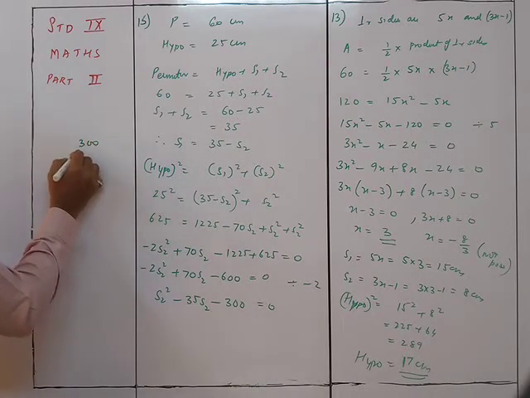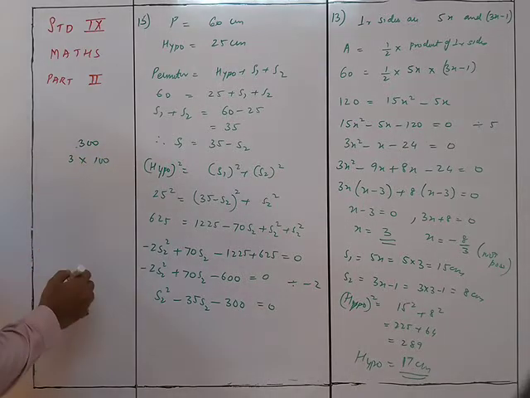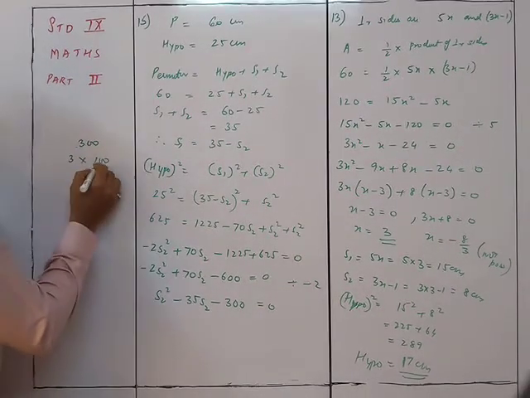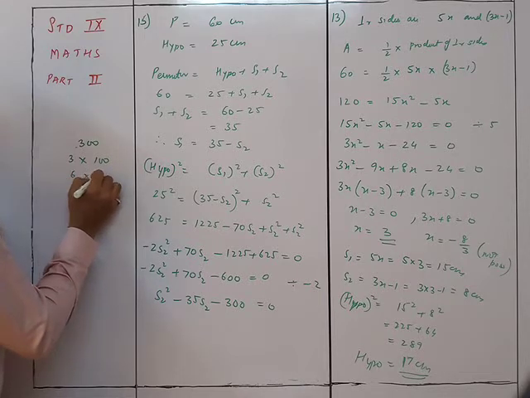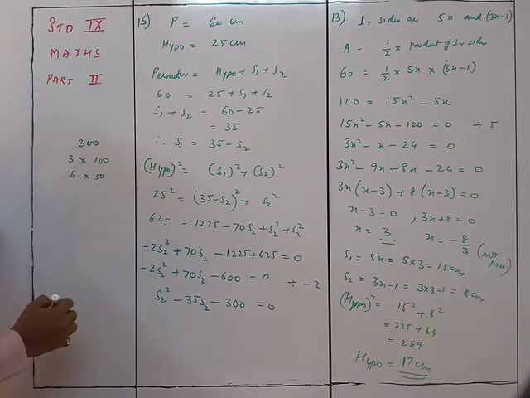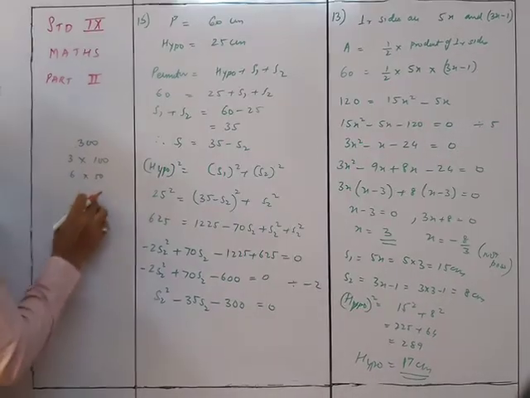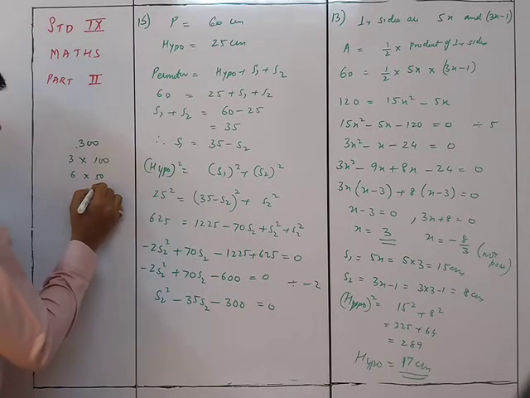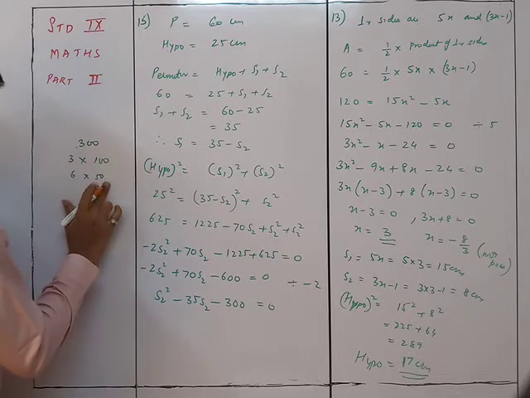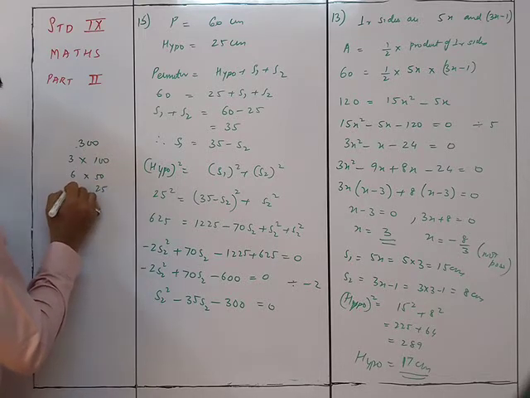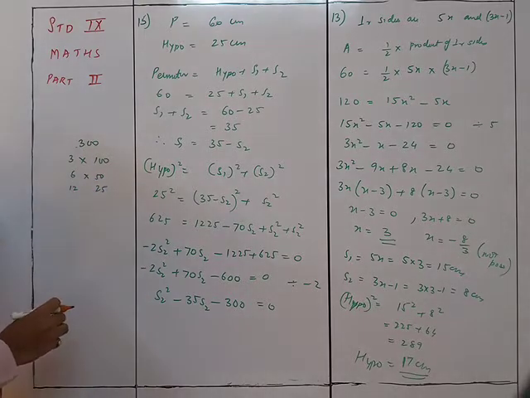So it is 3 into 100, or further, if I divide by 2, this will be 6 into 50. No. 35 difference needed. So that will be 25 and 12. Not possible.